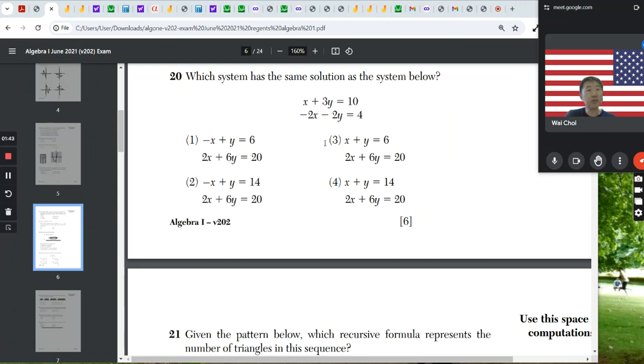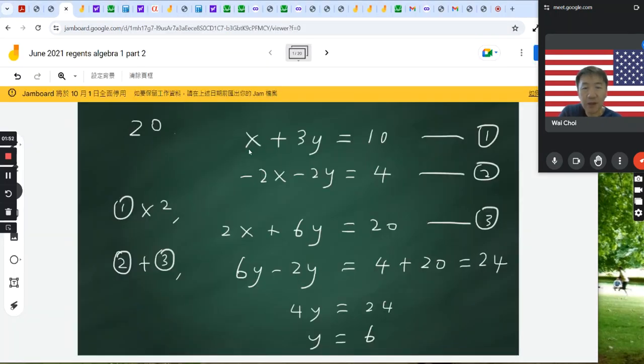So in this question, we actually have to solve for x and y to answer this question. The first equation is x plus 3y equals 10, and negative 2x minus 2y equals 4. So we label them equation 1, equation 2. Now we're going to multiply equation 1 by 2, and that is 2x plus 6y equals 20.